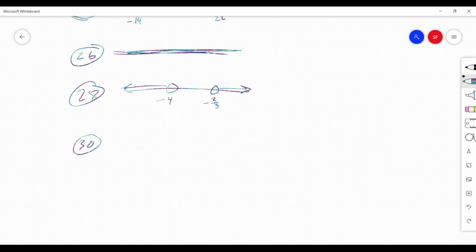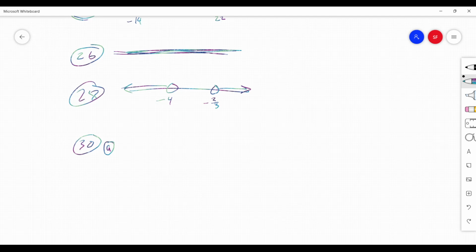30. Find the range. Oh, there it is. I was confused.